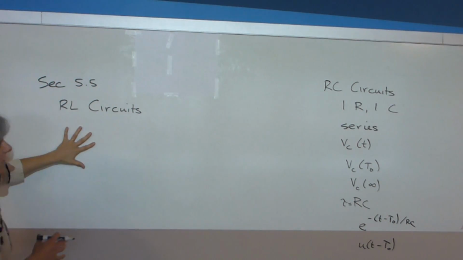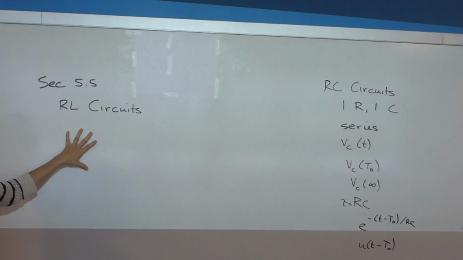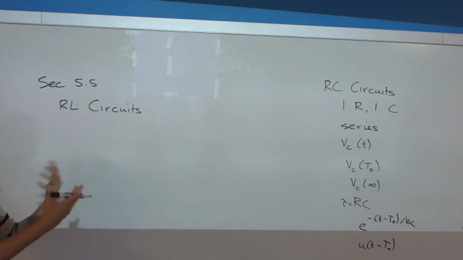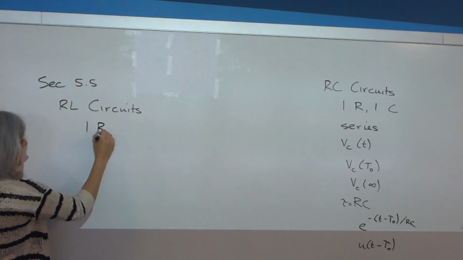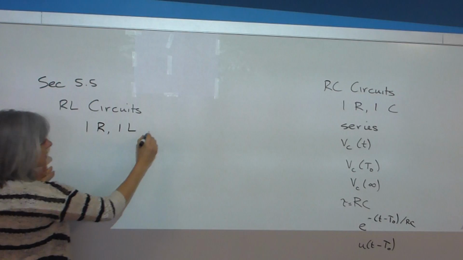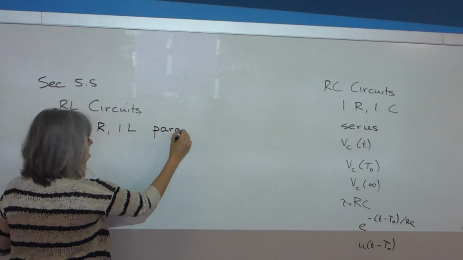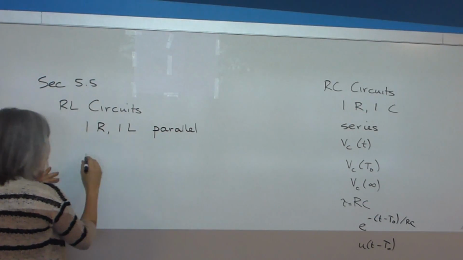Okay, so let's come over here to RL circuits. It's going to be dramatically the same, in the same sort of opposite way that we've been doing this. We are going to look at a circuit with one resistor and one inductor in parallel with a current source.